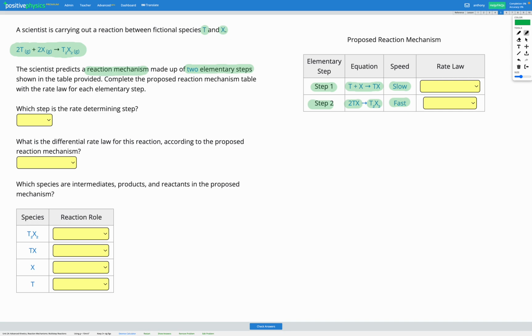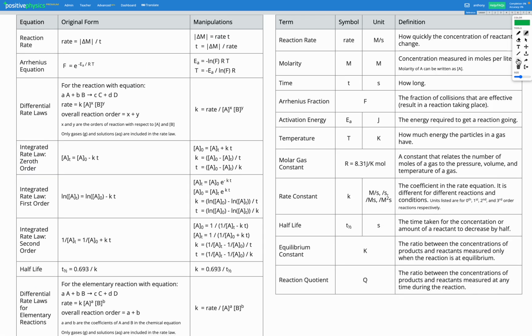The first question here asks us to complete the proposed reaction mechanism table with the rate law for each elementary step. So these steps in the proposed mechanism are elementary. That means we can use our rule for elementary reactions for writing the differential rate law. So here it is down here, the differential rate law for elementary reactions.